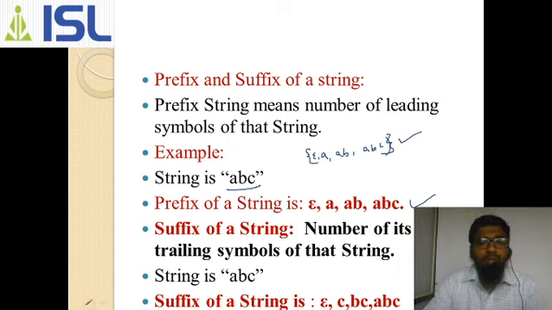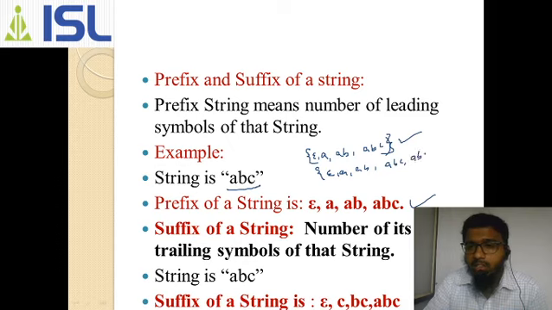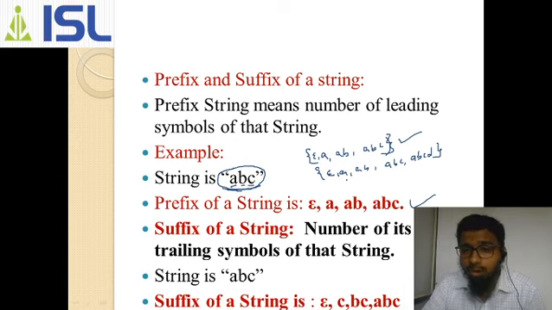Fine. Now, an example: epsilon, a, comma, a b c d. Can we write like this? We cannot write. Whatever string we have, only that alphabet should be used here. A, AB, ABC, and not ABCD.